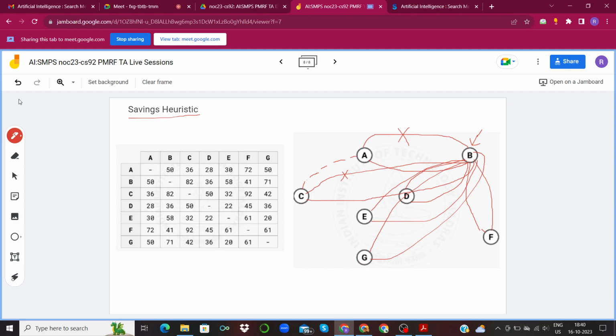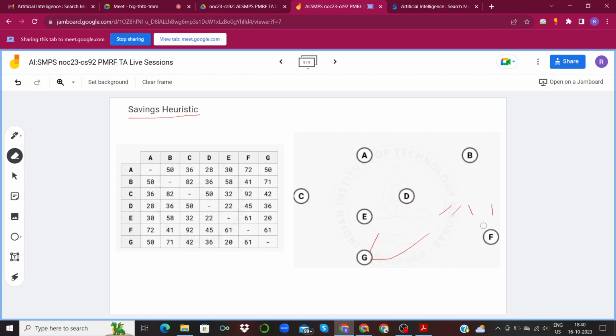Okay, so if I just have to take one example, let me remove everything so that it becomes a bit clearer. So suppose you take A and B, and B to A, right? And from this distance matrix, you know that the cost of going from A to B is 50. So this is 50 and this is 50, right?